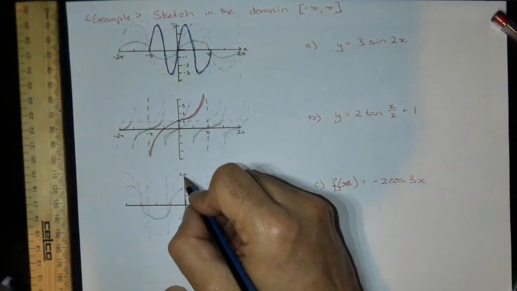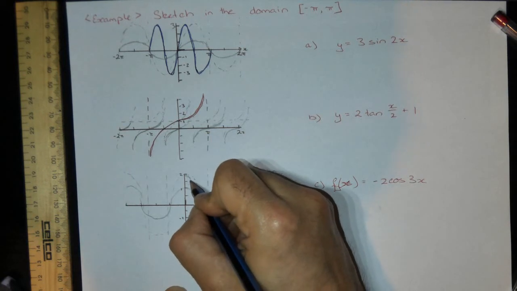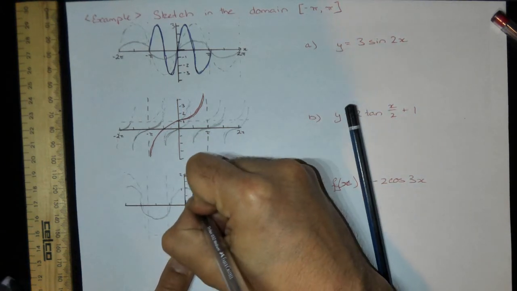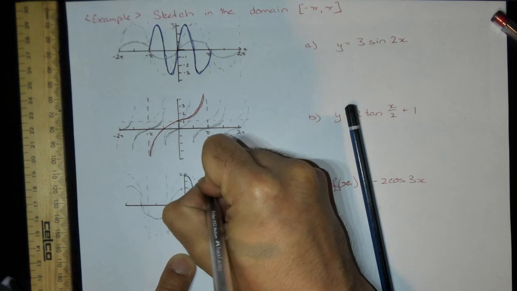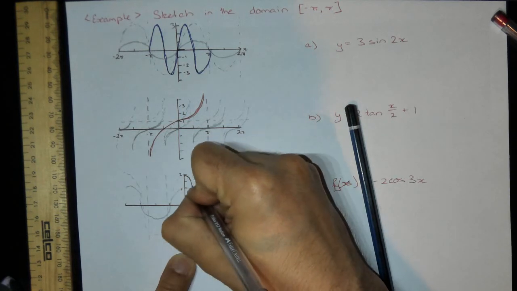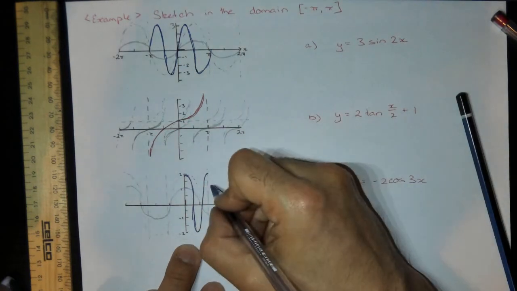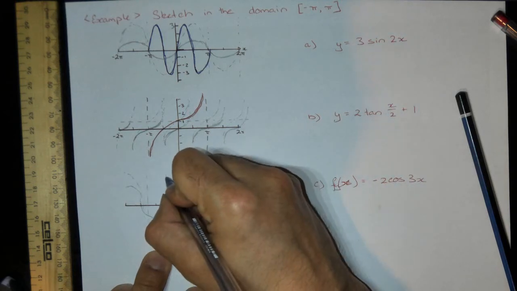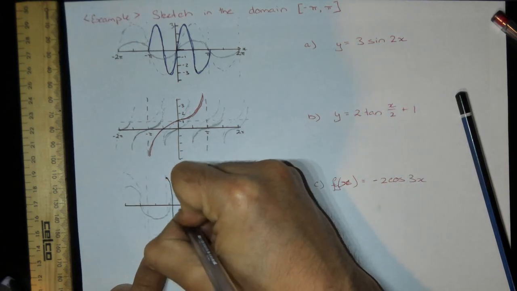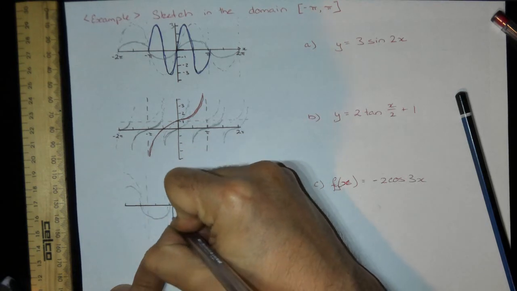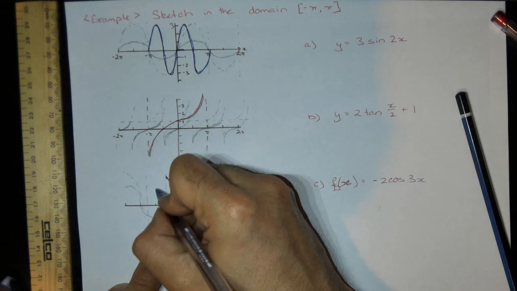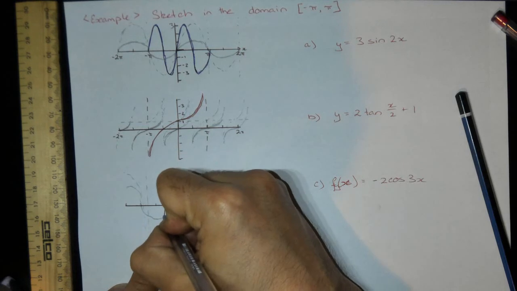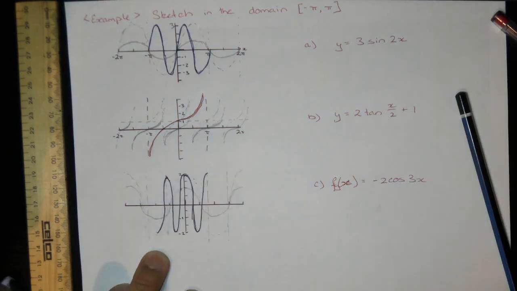So it means that it wants to create one pattern there, and that's actually pi. One pattern there, and a bit of a pattern here. Okay, and that's what you'd get.